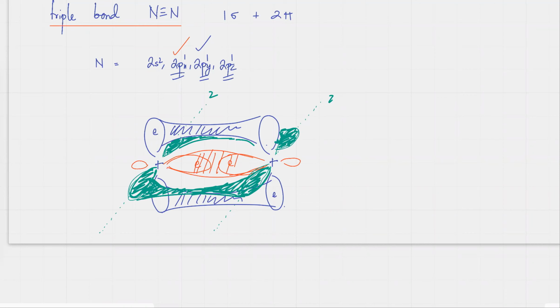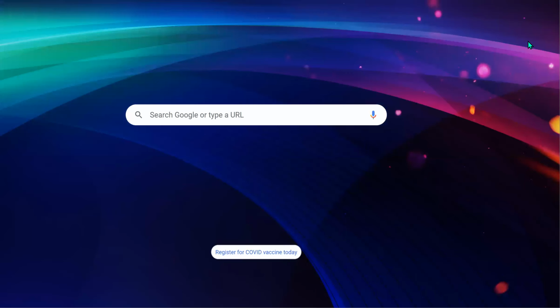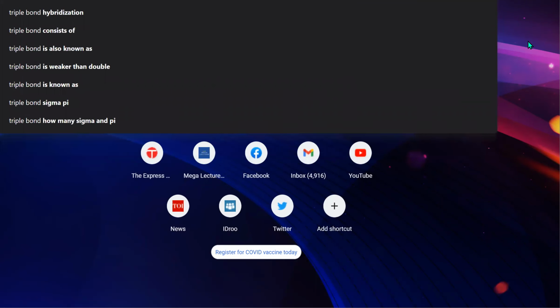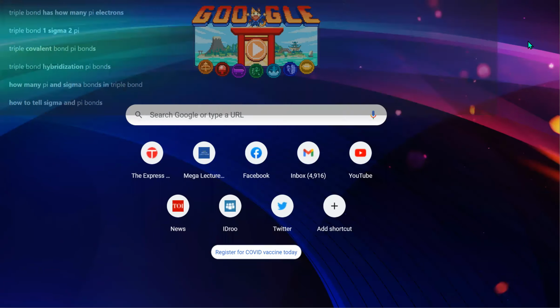Yes. Remember that when you have a triple bond, it's going to be one sigma and two pi bonds. Remember, you won't be asked to draw this, but the knowledge is important. So I'm going to show you a triple bond pi bond, if I can just get a better image.